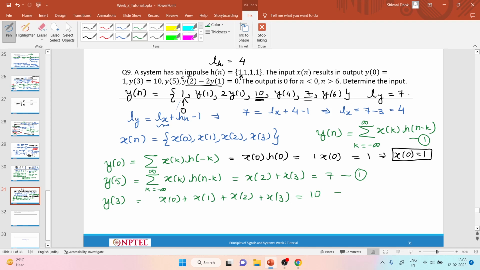And if I subtract equation 2 from equation 3, I obtain x of 0 plus x of 1 is equal to 3, and we have obtained x of 0 as 1, therefore x of 1 is equal to 2.